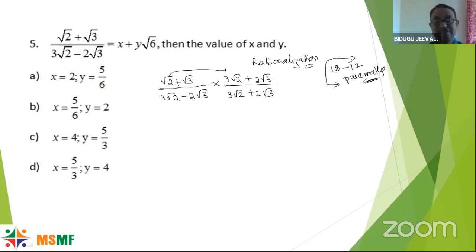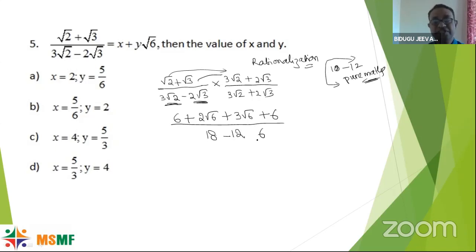If you multiply, it will become 6 plus 2 root 6 plus 3 root 6 plus 6, whole divided by (a plus b) into (a minus b). So this square, 9 twos are 18, minus this square, 4 threes are 12, so it is nothing but 6.